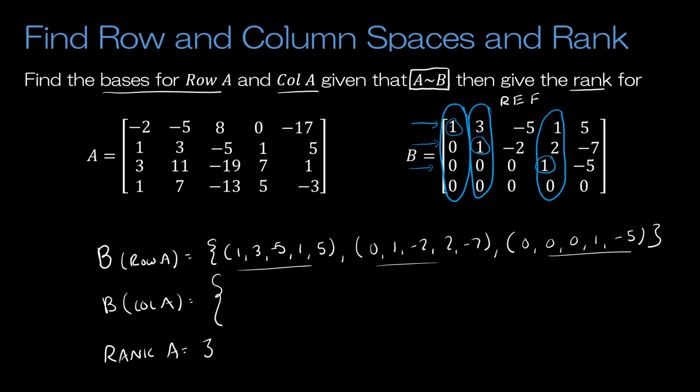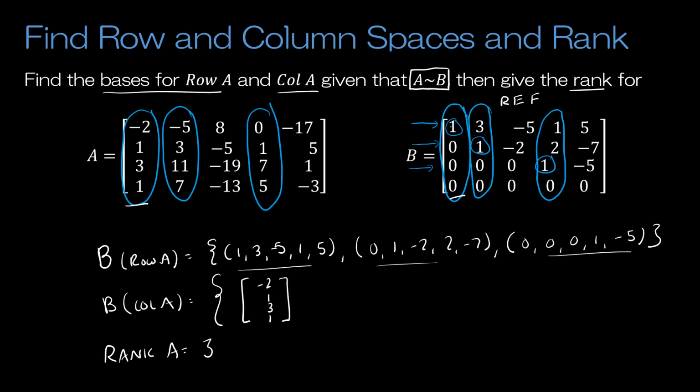Those are the 3 column vectors that I want, but I have to translate them back to the original matrix. So I'm going to use the first column, but in the original matrix, so that's -2, 1, 3, 1. The second column, -5, 3, 11, 7. And the fourth column, 0, 1, 7, 5.